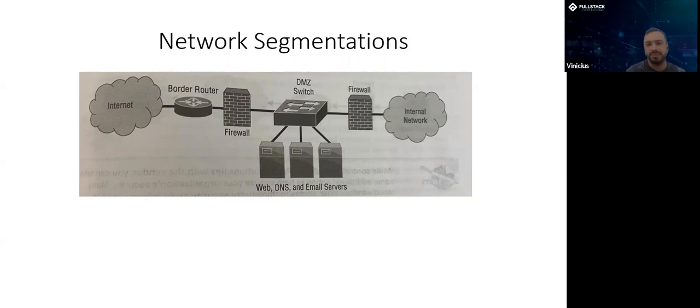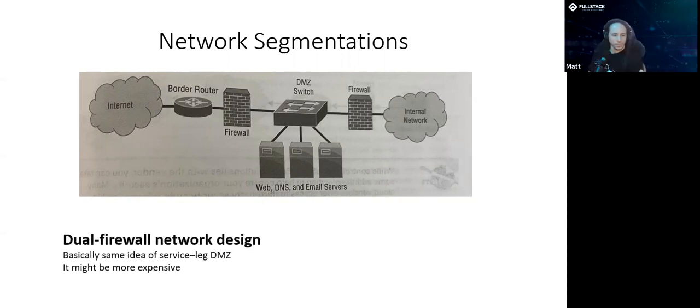The difference is I can buy one expensive firewall that can manage two interfaces, or I can buy two firewalls and set them in two different places. So which one is more feasible? Basically, they are doing the same job. And then the question is, which one is more feasible for the company? And I think that's all for now. That's a dual firewall network design.